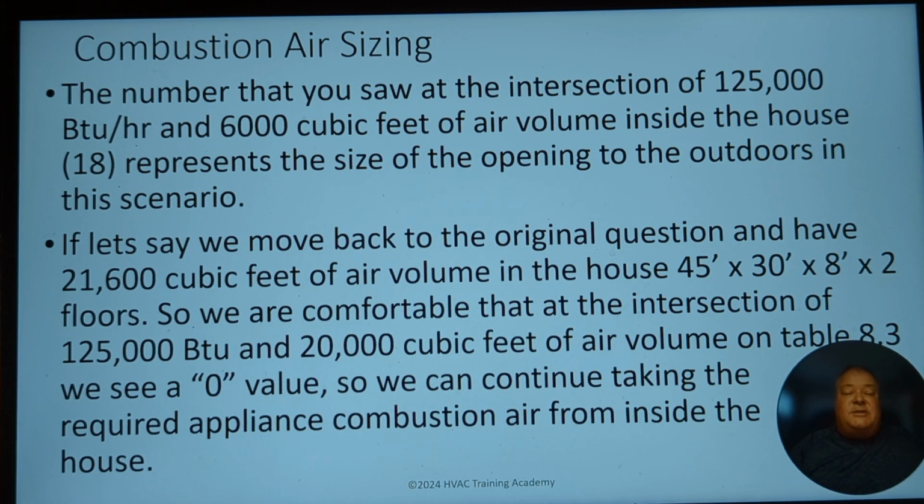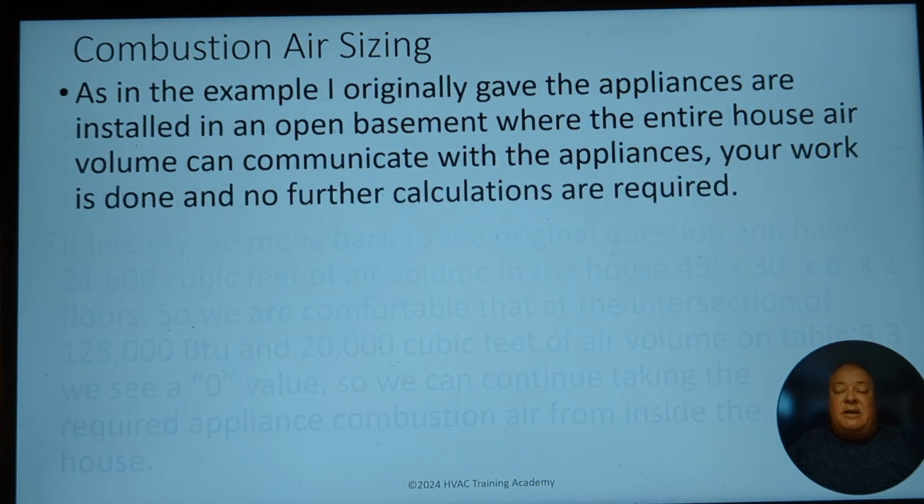So because the original question that we had said it was 21,600 cubic feet of air in a house with the dimensions 45 by 30 by 8 by 2, and we see that the intersection of 20,000 cubic feet and 125,000 BTU on table A3 gives us a 0, we're okay taking the air from inside the house because there is enough air inside the house to support the combustion of those appliances.